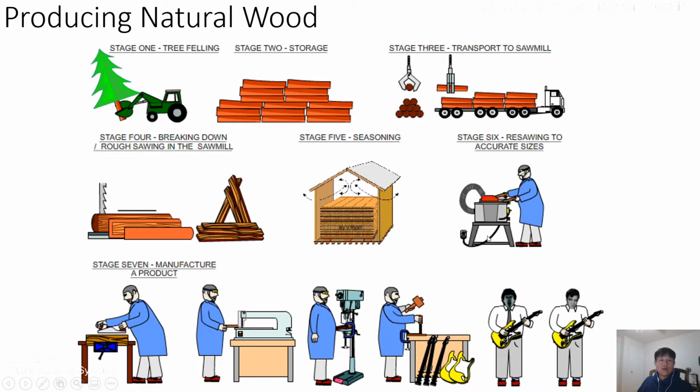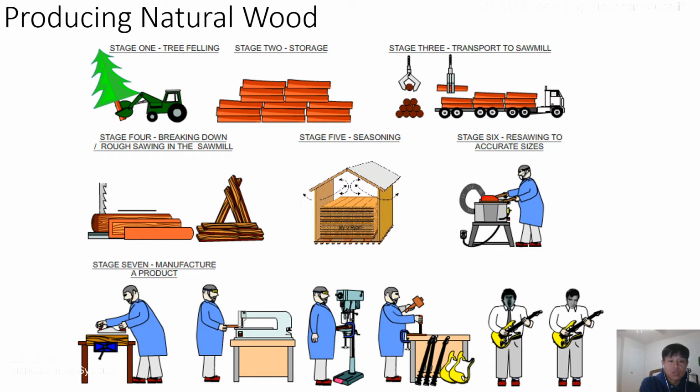I think you saw the natural wood production process in the previous modules. I recommend you watch the YouTube video. If you haven't yet watched it, you should watch the video before you see this slide. This is the process.